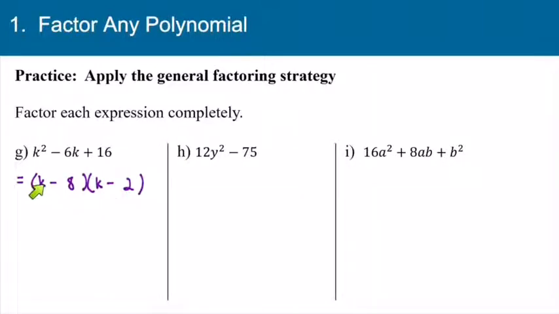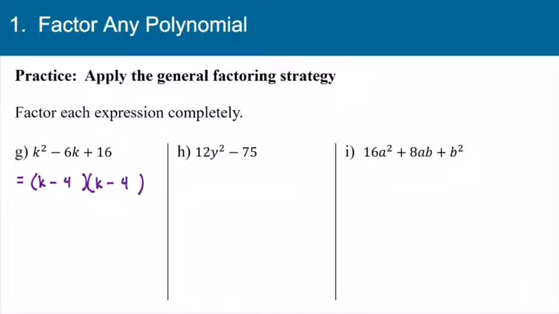We're going to get minus 2k and minus 8k, and that's going to add up to minus 10k, not the minus 6k that we want. So these two numbers cannot be right. Remember, we can't change this sign because if we change this sign, we won't get positive 16 on the end. Okay, so we can't use the 8 and the 2.